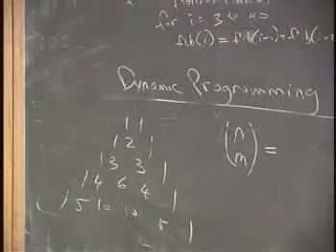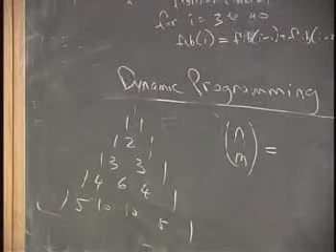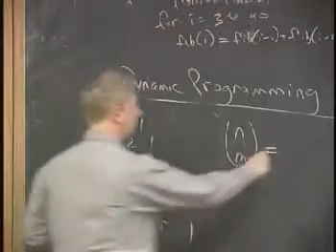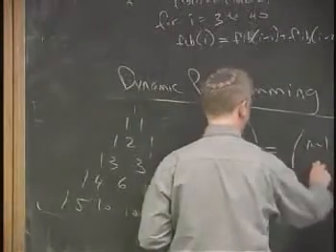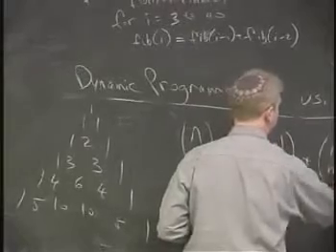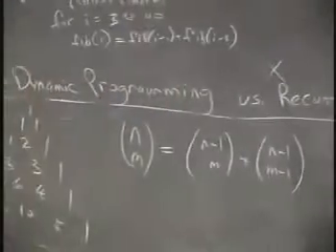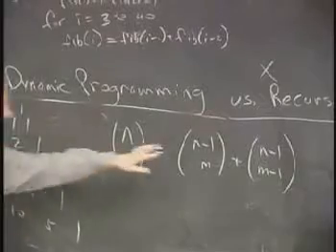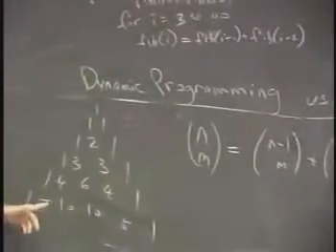And there's a recurrence equation for this. If you want the binomial coefficient n choose m, it's the sum of the two things on top of it. It's n minus 1 choose m plus n minus 1 choose m minus 1. We talked about this a lot in discrete math. There's a combinatorial way to think of this. There's a mathematical way to think of this.